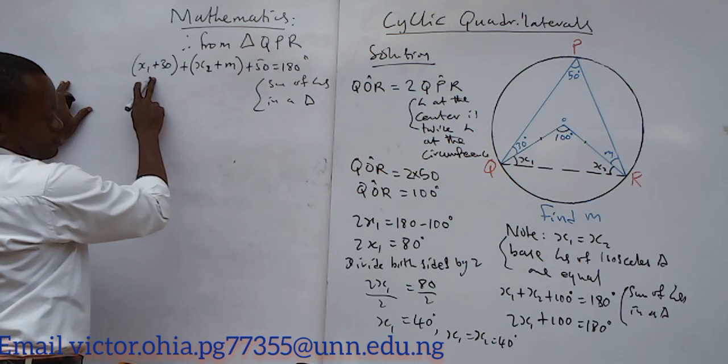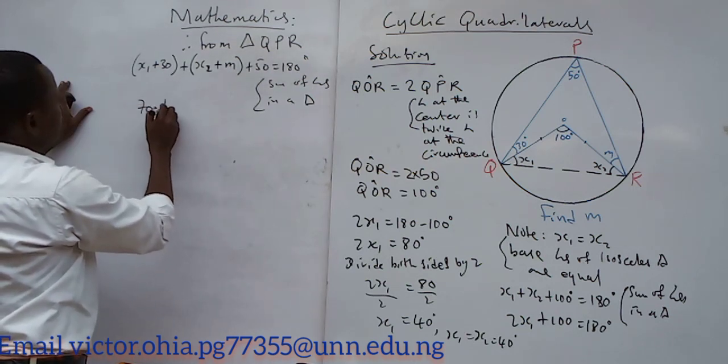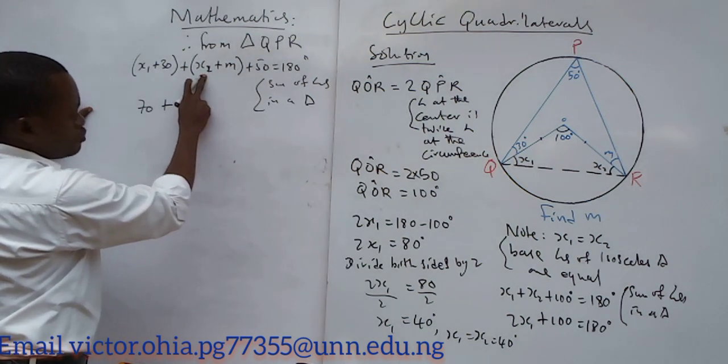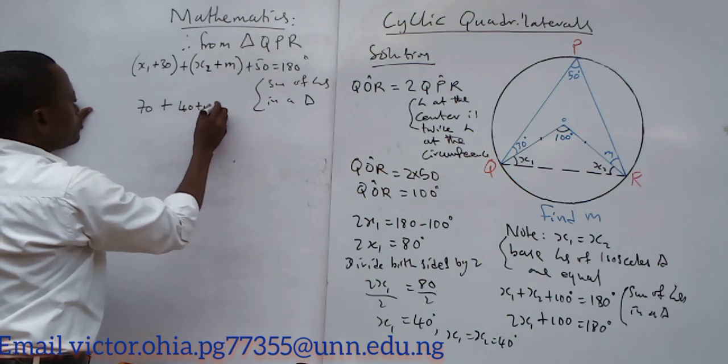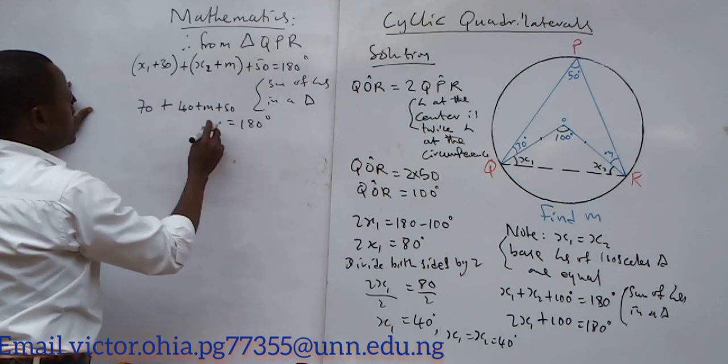So this is now 40 plus 30, that is 70, plus 40 plus m, plus 50 equals 180 degrees.